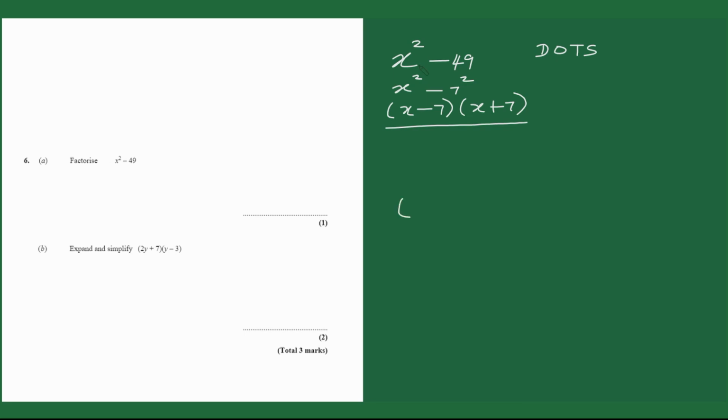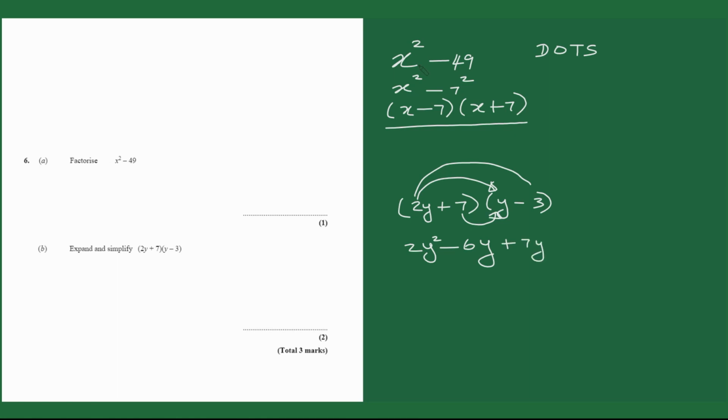Second part, expand and simplify. (2y plus 7)(y minus 3). So expand that out. 2y times y is 2y squared. 2y times minus 3 is minus 6y. 7 times y is plus 7y.